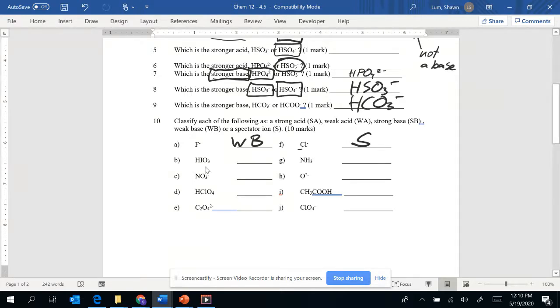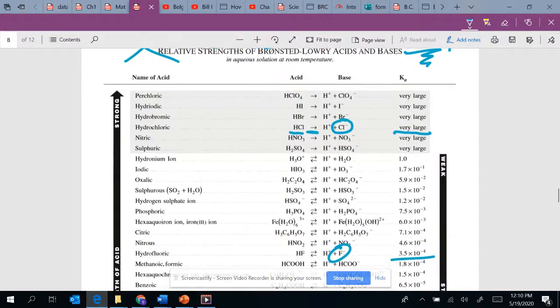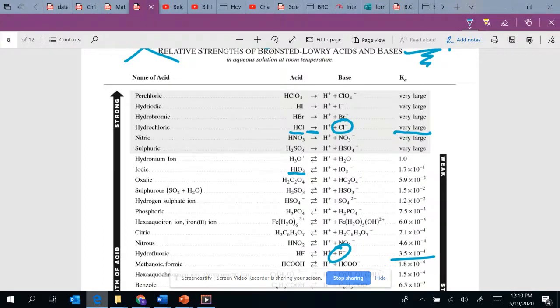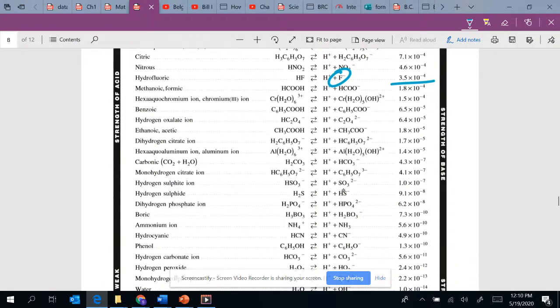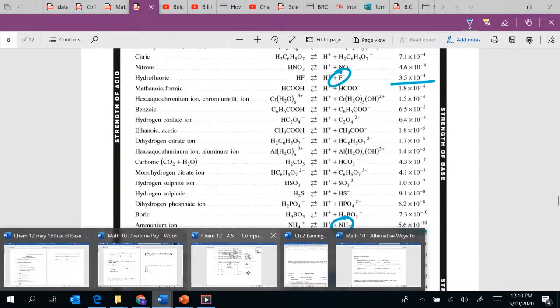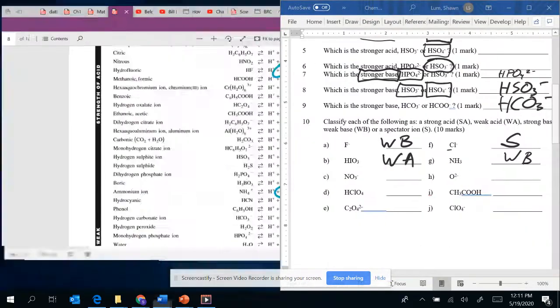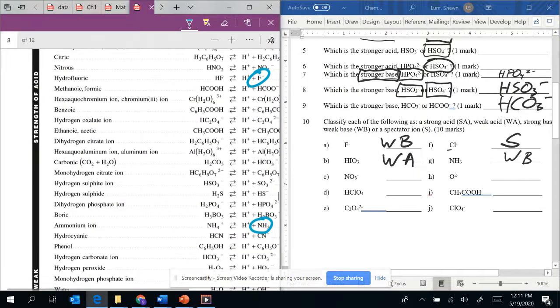We're going to take a look at the next one right here, HIO3. So we see HIO3 right here, very clearly weak acid. Weak acid. NH3 also very clearly right here, number associated with it, weak base. Okay.